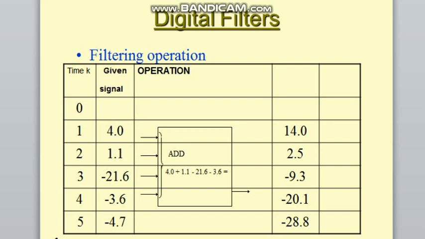There are no seconds or timing units given here, and for that reason the given signals are on different samples, and then we add these samples and get values like 14, 2.5, minus 9.3, minus 20.1, minus 28.8. That means there is some function going through the digital filter that will give that kind of output. So digital filters have some filtering equations that will give these kinds of values.